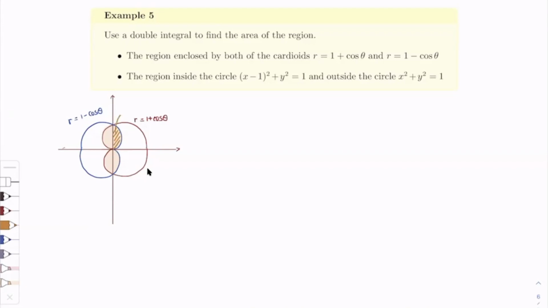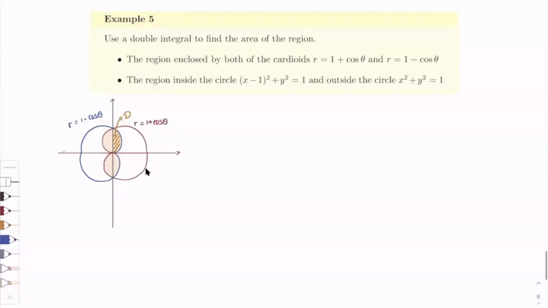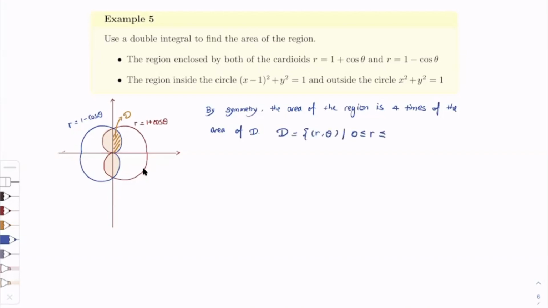I'm going to call this part D. So by symmetry, the area of the region is 4 times the area of D, where my D is the set of r, theta such that r is between 0 and this line.